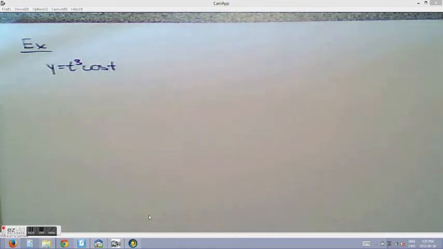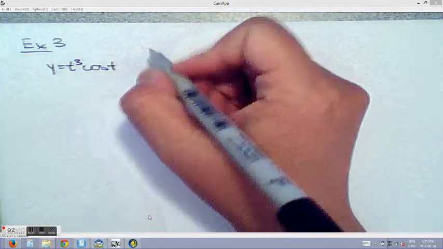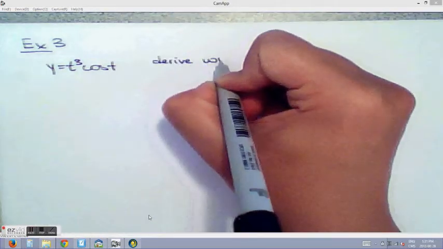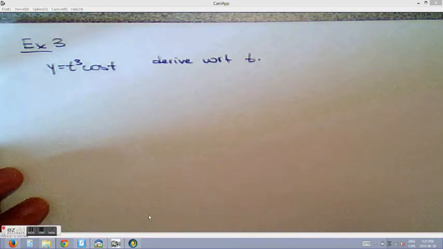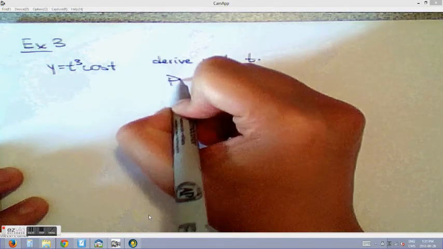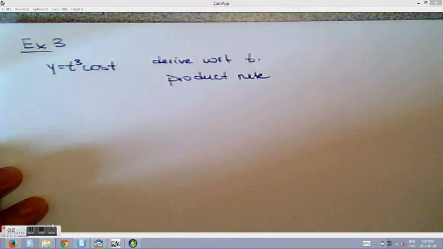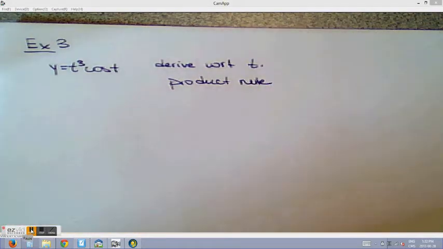Looking at our first example, example number 3, the first function, we are going to derive with respect to t, okay? And again, t is our independent variable. So we can use the product rule. Okay, product rule.